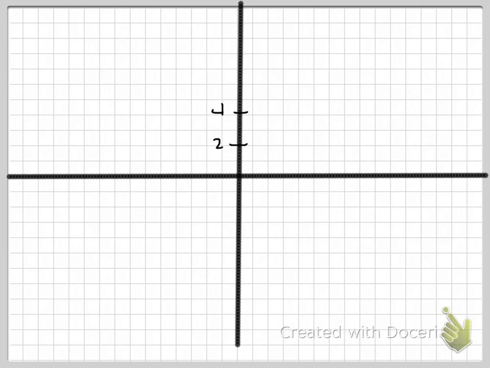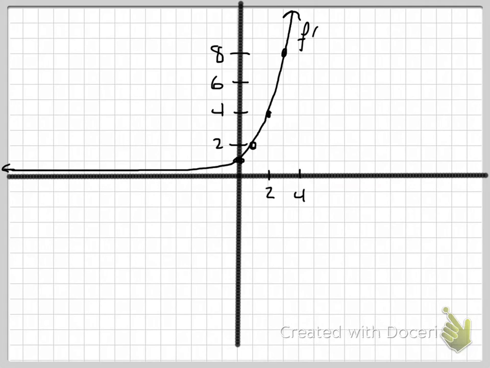Alright. So I'm going to go ahead and graph our parent function again. And then we're going to do a translation. So it's with the x, the -1, that's going to control horizontal shifts.